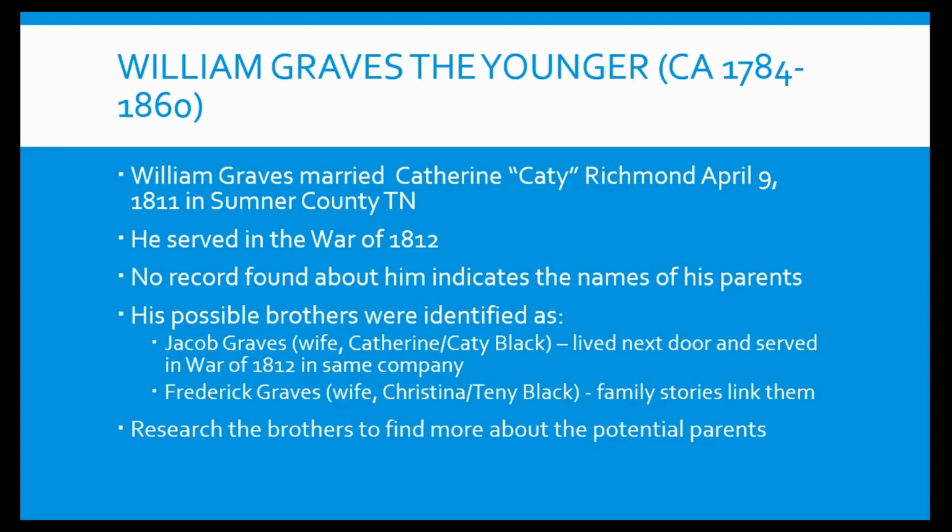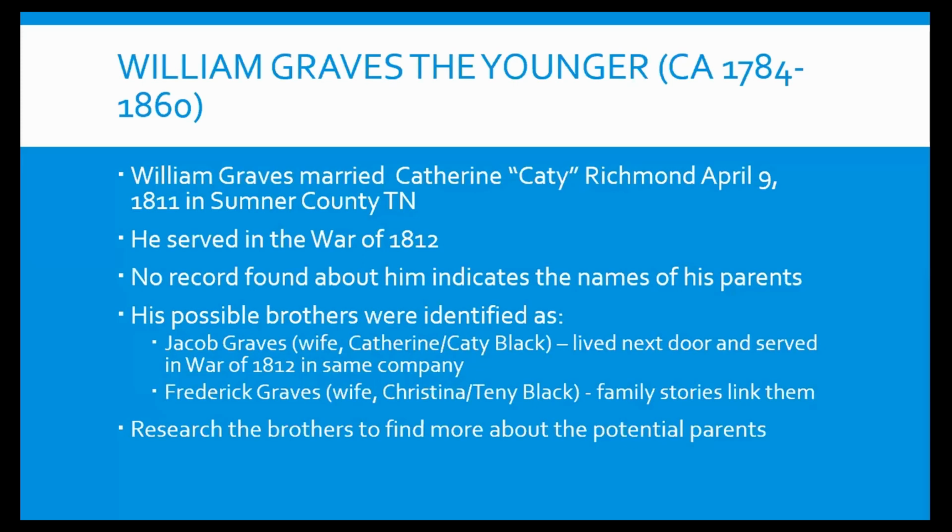But I have these two guys that are probably his brothers. Don't know for sure, but probably his brothers. I need to research them just as extensively. And if I can unearth the name of Jacob Graves's parents or Frederick Graves's parents, this will probably lead me to William Graves's parents. So does everybody see that?